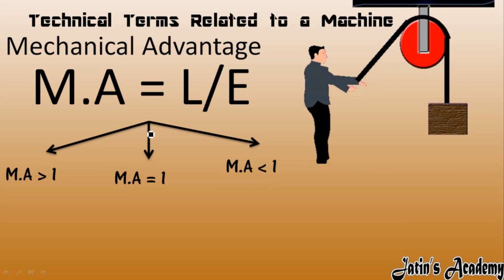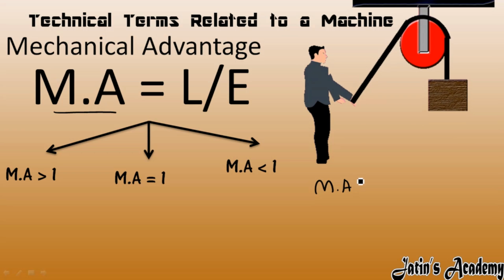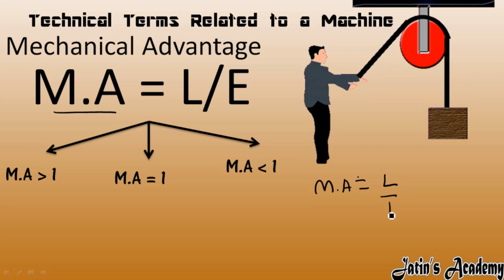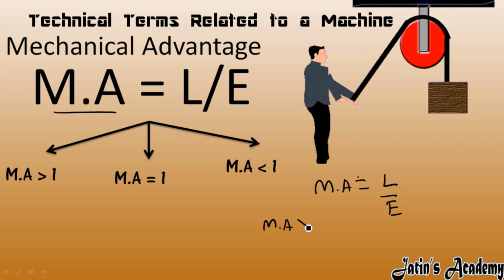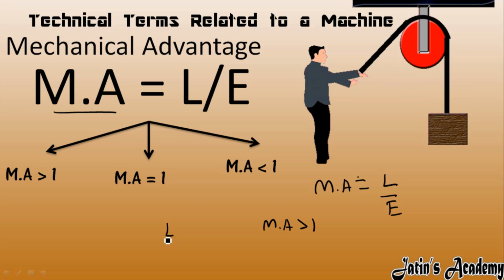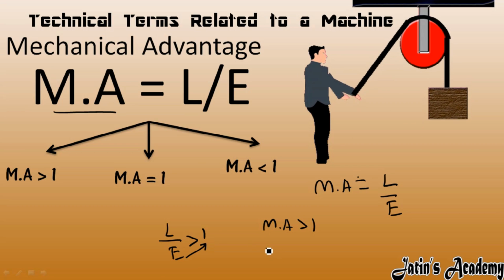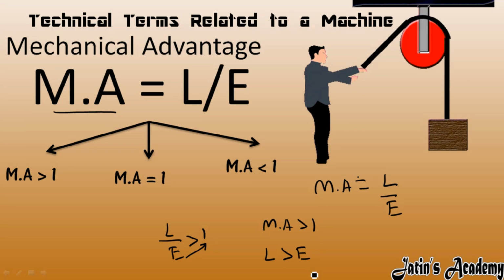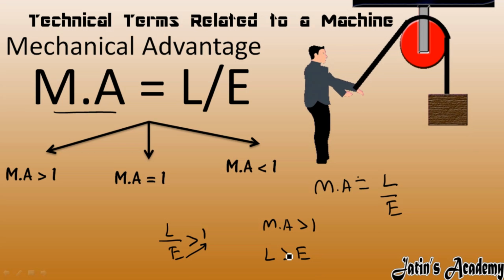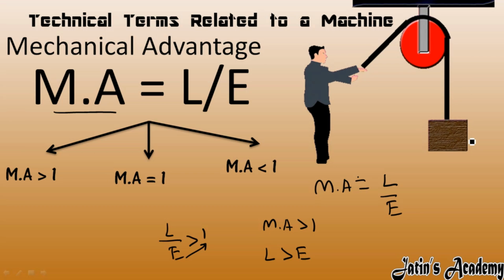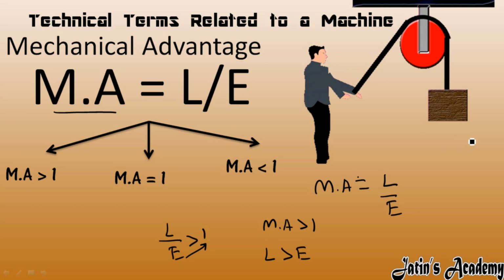When the mechanical advantage value is greater than 1, what does it mean? Carefully see, mechanical advantage greater than 1 means load over effort is greater than 1. So multiplying, load is greater than effort. It means that we are able to lift a high value of load with a low value of effort.